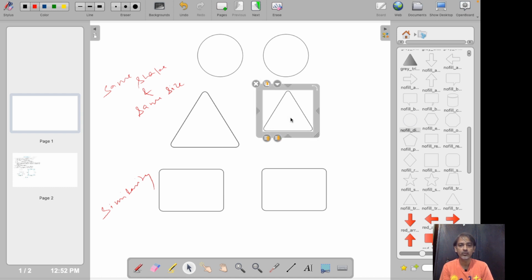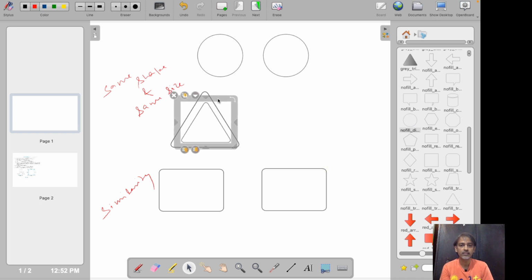So when you bring it over here, you can see that these sides are parallel to each other, these sides are parallel to each other, these sides are parallel to each other. It means that the angles are equal, and they are not of the same size. They are of different sizes.